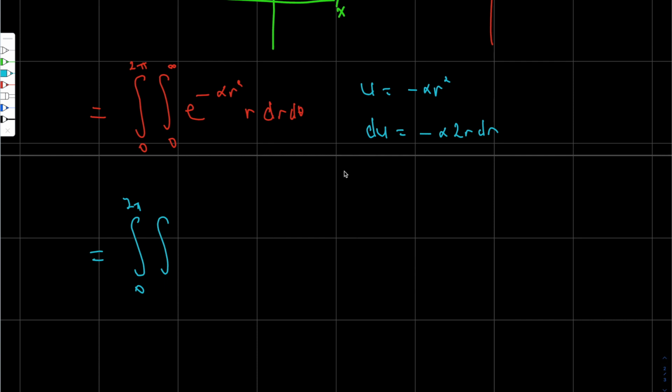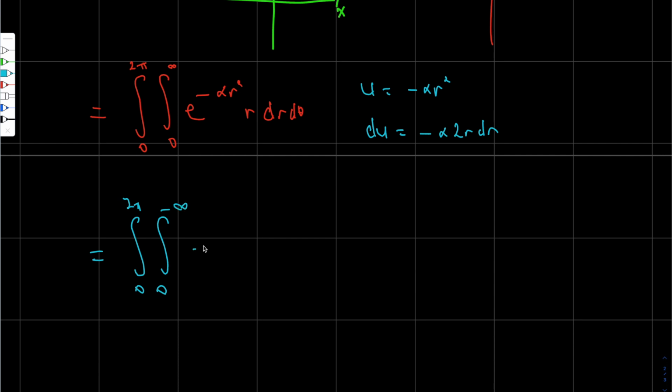And we're going to look here and say, okay, how does this u-sub affect r? r starts at 0, so minus alpha times 0 is still 0. And then I say, okay, r is now infinity, so infinity squared is infinity, times alpha is still infinity, and then negative times infinity, so now it goes to negative infinity.